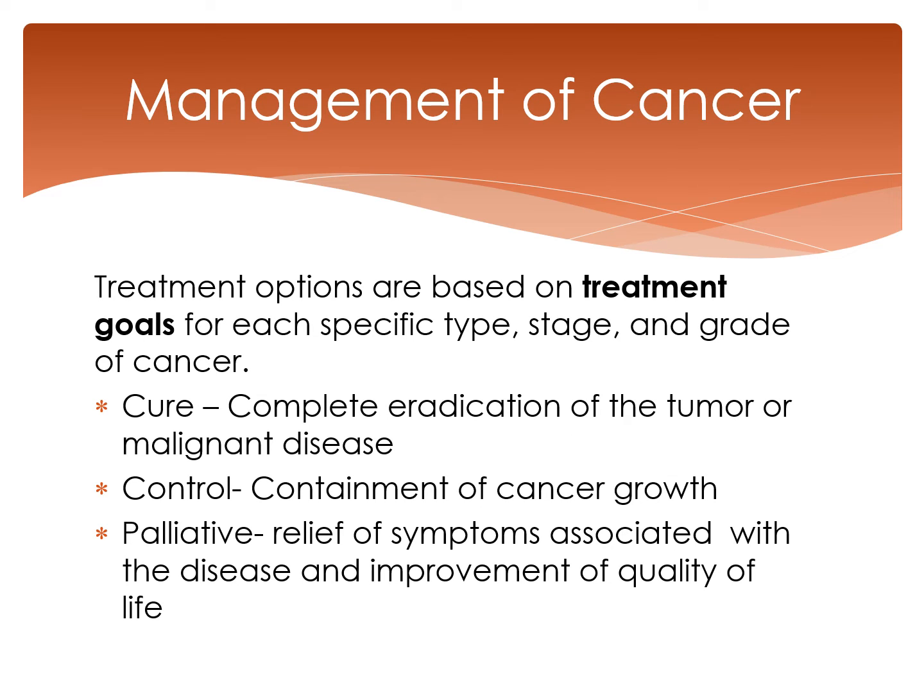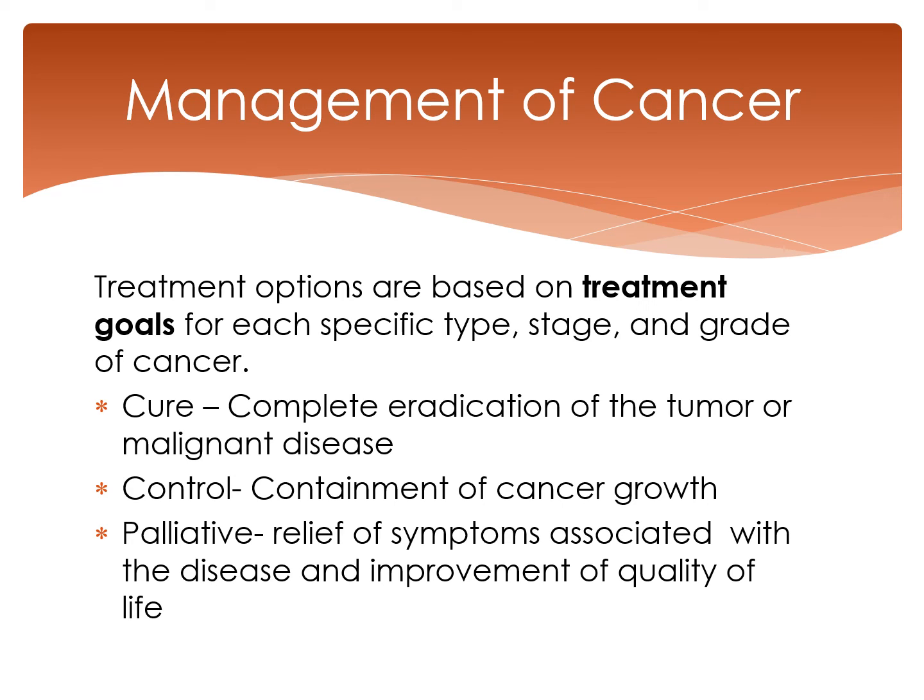Management of cancer is going to vary depending on the type of cancer, stage, and grade of cancer. Cure would be to completely eradicate the tumor or malignant disease. Control is containment of cancer growth. This can be seen in more advanced cancers when radiation or chemotherapy can help slow the cancer progression and control symptoms.